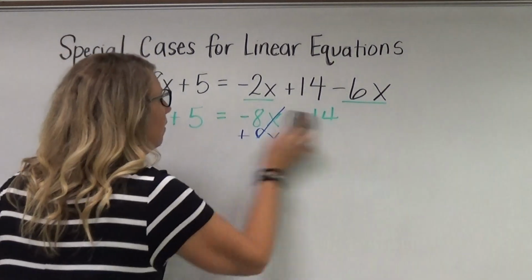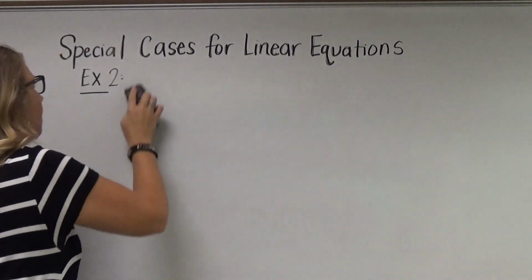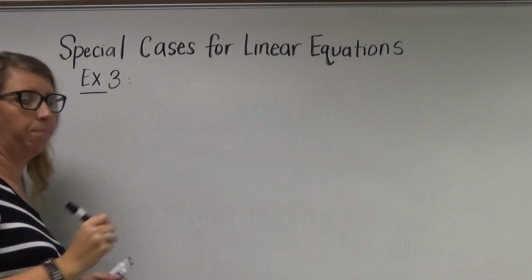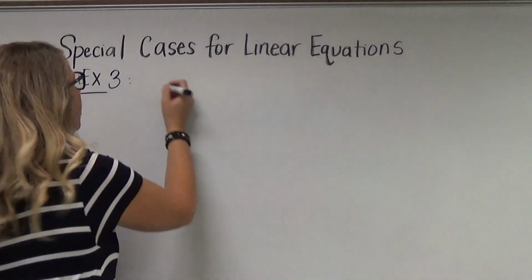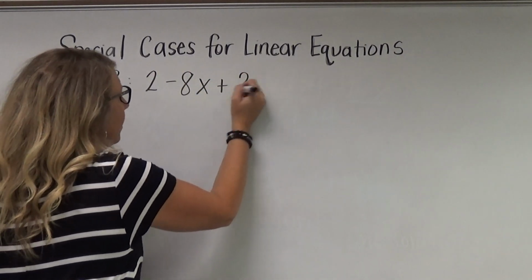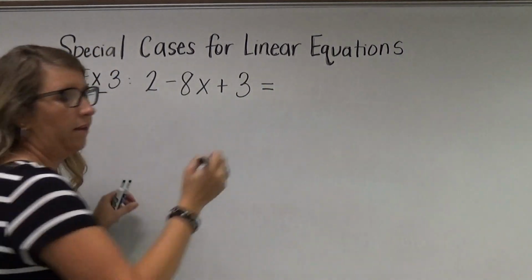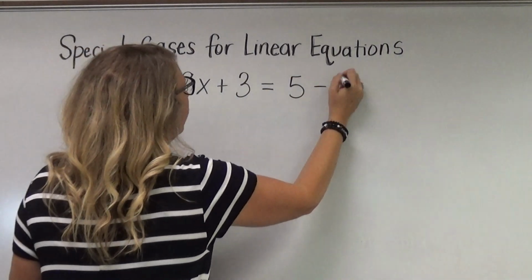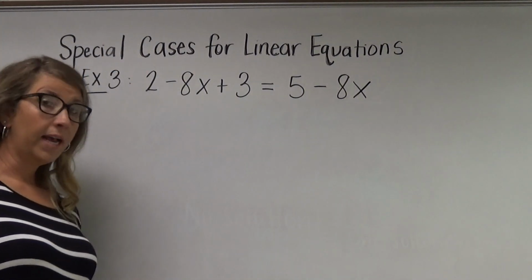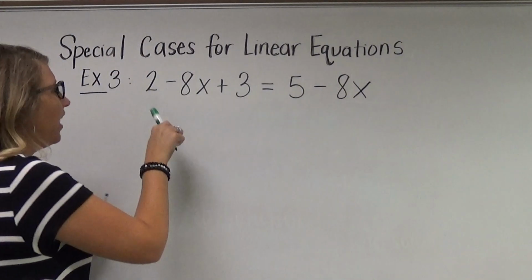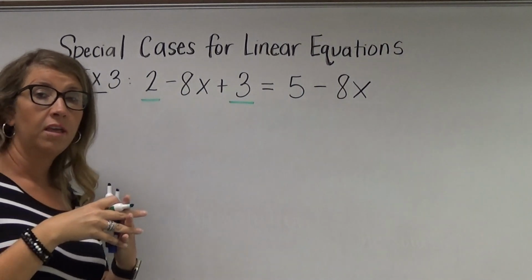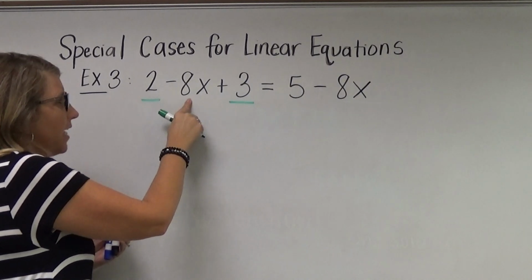So let's erase here and do one more example that's going to look similar to these first two. We'll call it example 3. Here's your equation. 2 minus 8x plus 3 equals 5 minus 8x. Starting off by combining my like terms. On the left-hand side, this time we've got our constants 2 and 3 that need to go together. Notice that minus is attached to the 8x.